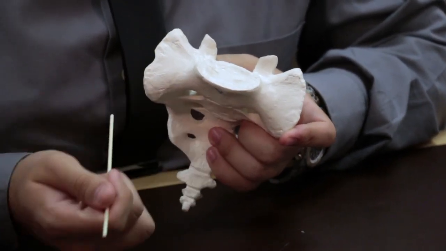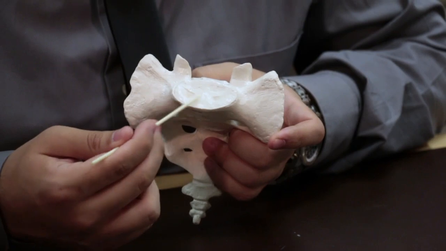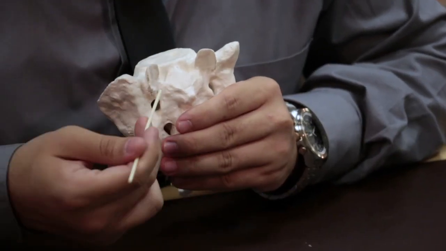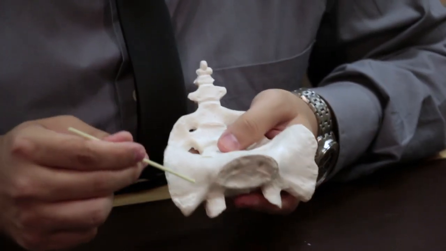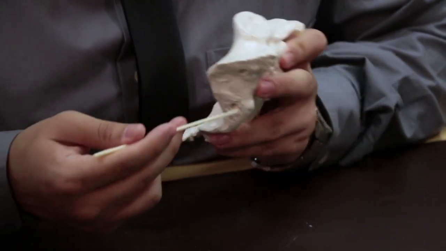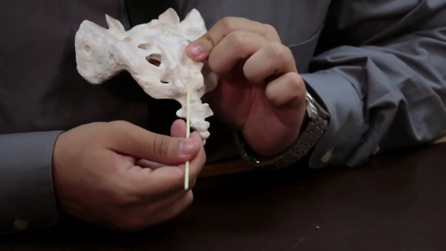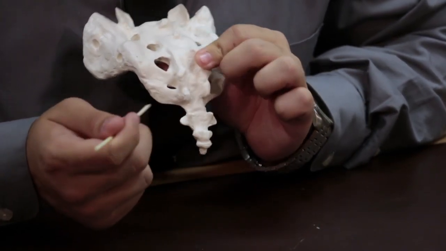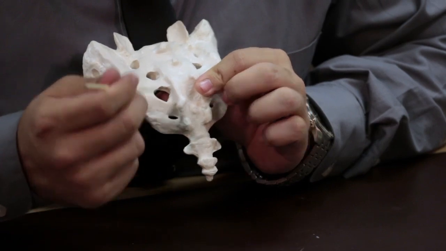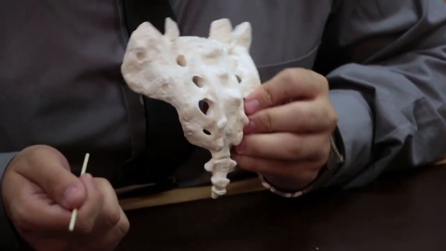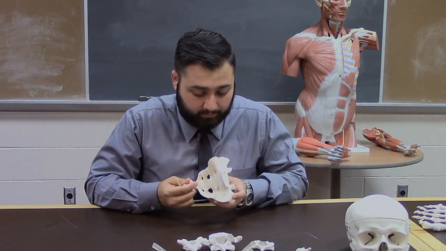The base is this whole thing. To review: promontory, body, sacral canal, articular facets. In the front we have the ala, auricular surface, not articular, sacral hiatus, sacral cornua, sacral foramina, medial sacral crest, lateral sacral crest, and that's it for the sacrum.